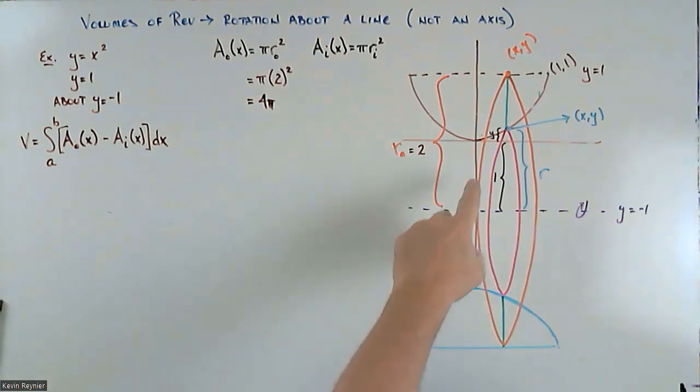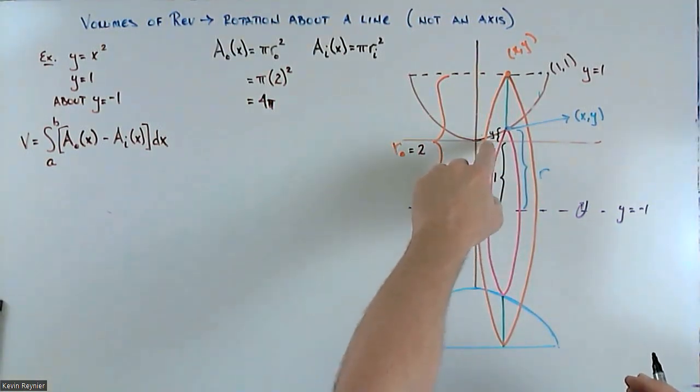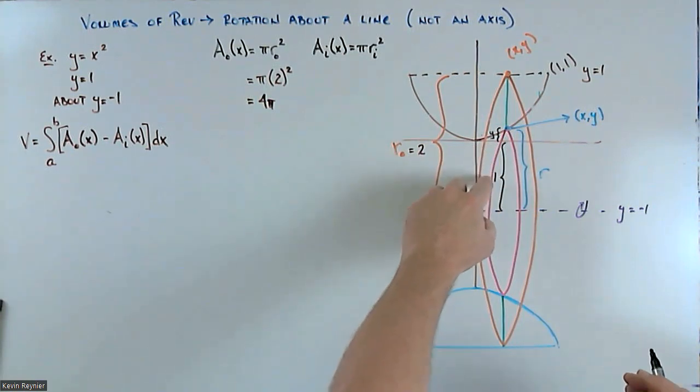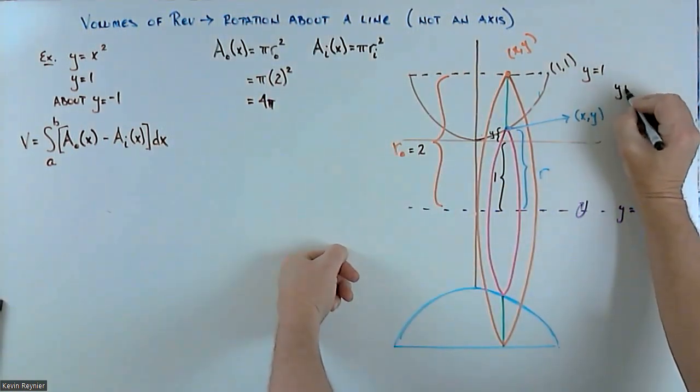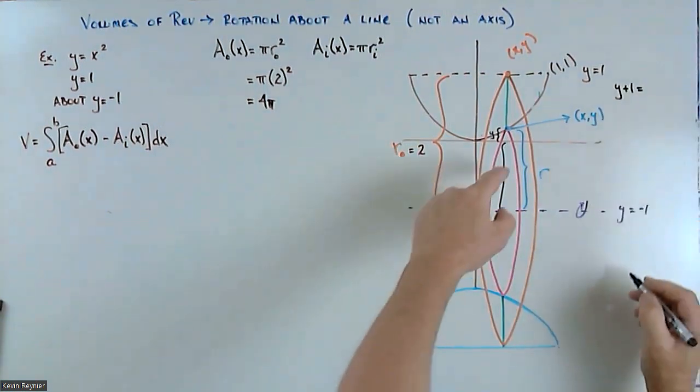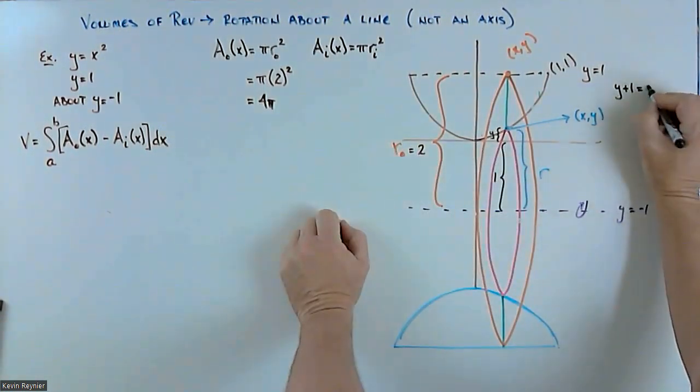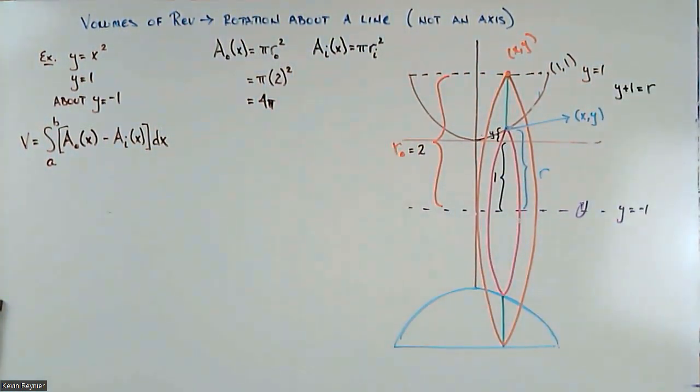In this case, the two little brackets are the black ones. We have y here and 1 here. So we have y plus 1 equals our bigger bracket, in this case r. So we don't have to do any algebra this time. We can see r is equal to y plus 1.